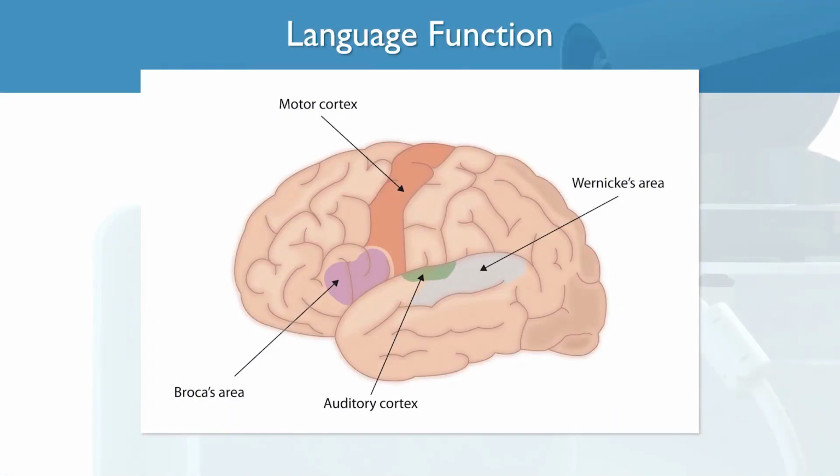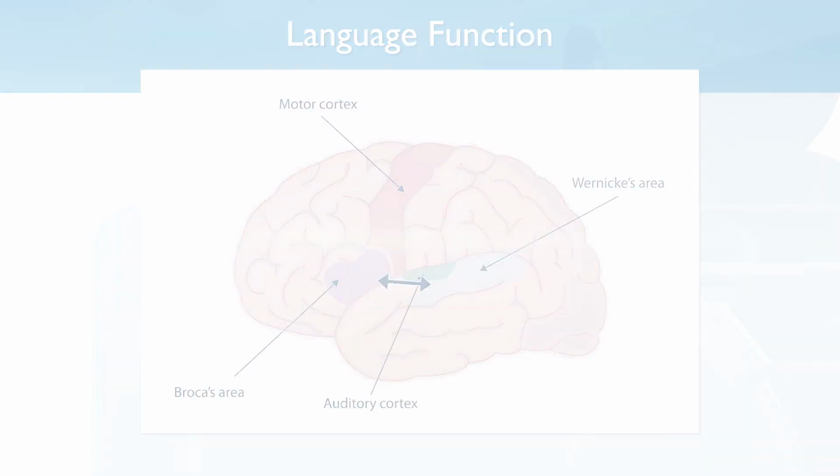So if you were to ask the patient, repeat after me, no ifs, ands, or buts about it, comprehension occurs in the temporal lobe, in an area that's called Wernicke's area. And there are fascicles of nerves that carry that message to the frontal lobe in an area that's called Broca's area. They will first comprehend that spoken language in the temporal lobe and Wernicke's area.